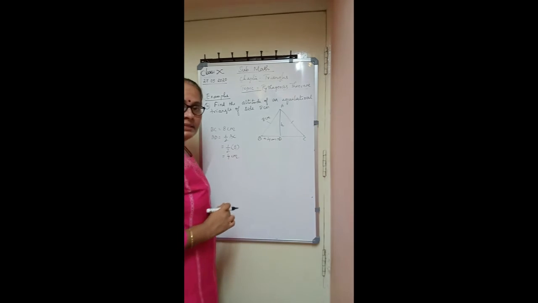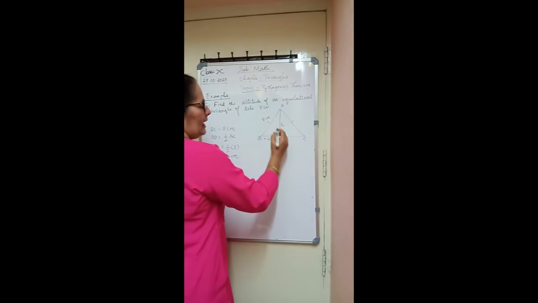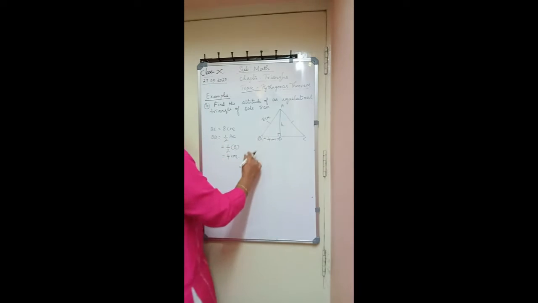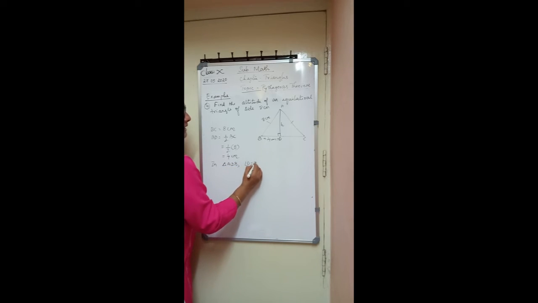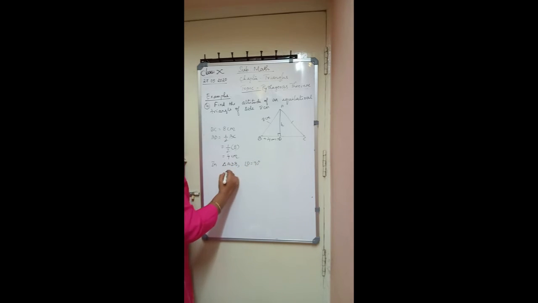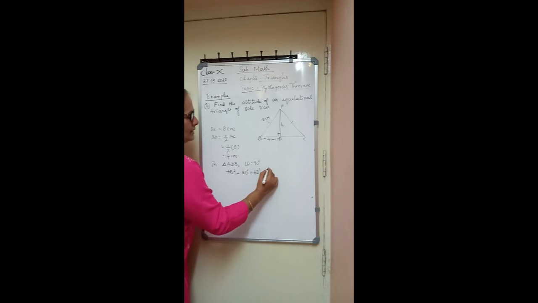And AB is 8 centimeter. Now we'll apply the Pythagoras theorem in triangle ADB. In triangle ADB, angle D is 90 degrees, so AB square equals BD square plus AD square. Pythagoras theorem.